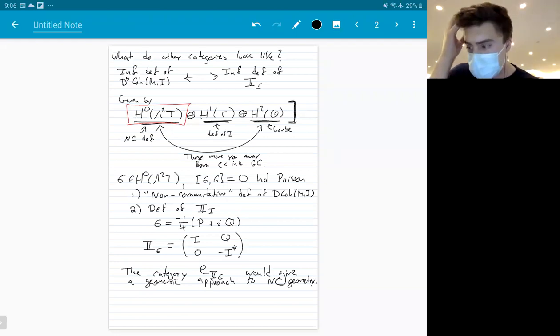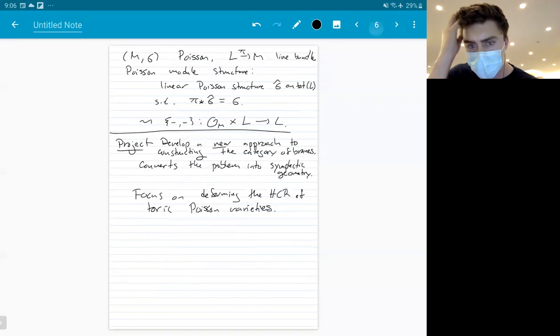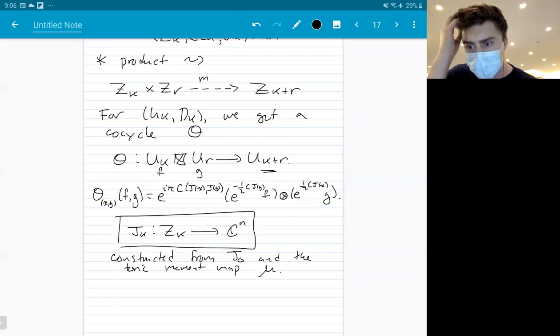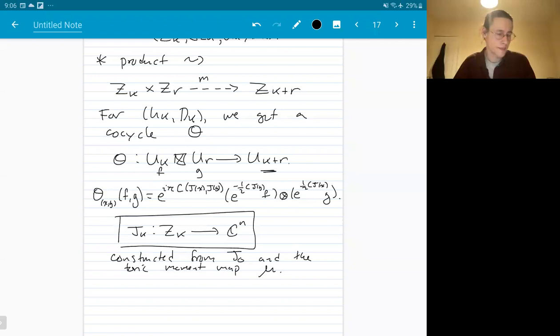Earlier you defined this theta of x y acting on f and g, and you called it a cocycle. Is this like a Hochschild cocycle in some sense? It's more like a groupoid cocycle. So sort of like how groups have group cohomology, so you can define a group cocycle.